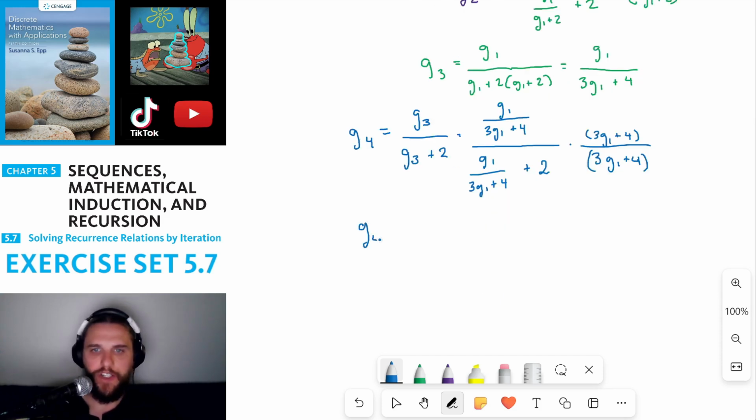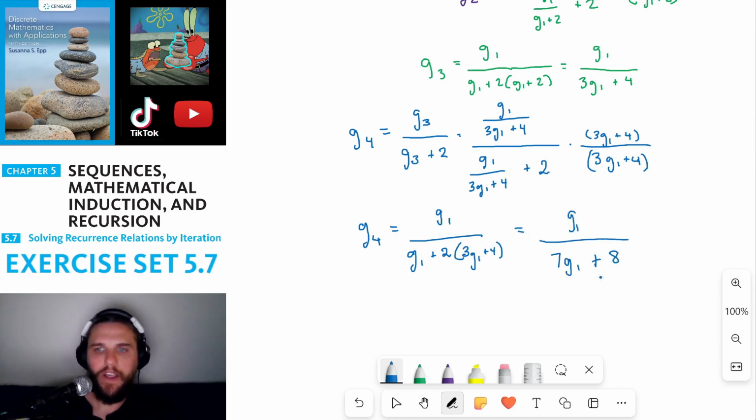And so we get G sub 4 equals G sub 1 over G sub 1 plus 2 times 3 G sub 1 plus 4, which simplifies to G sub 1 over 7 G sub 1 plus 8.